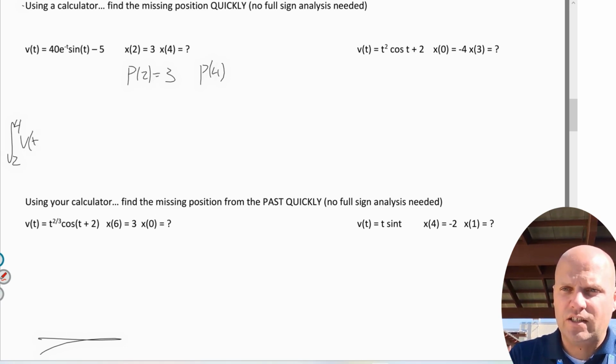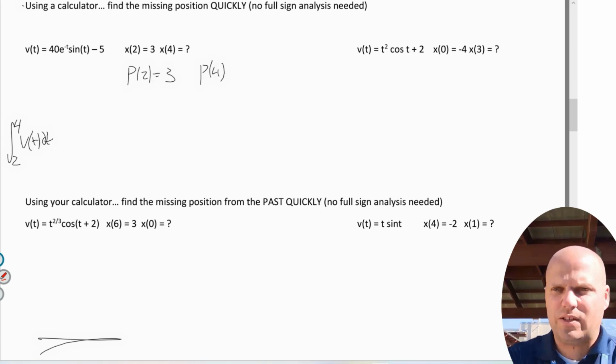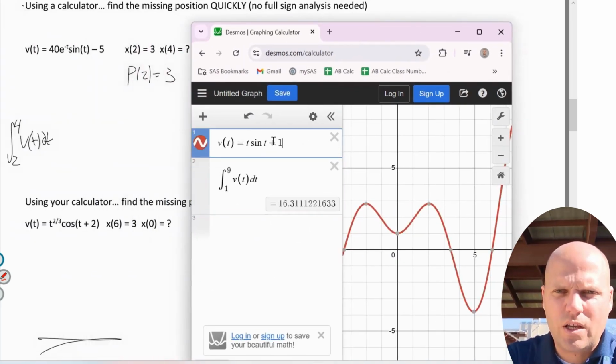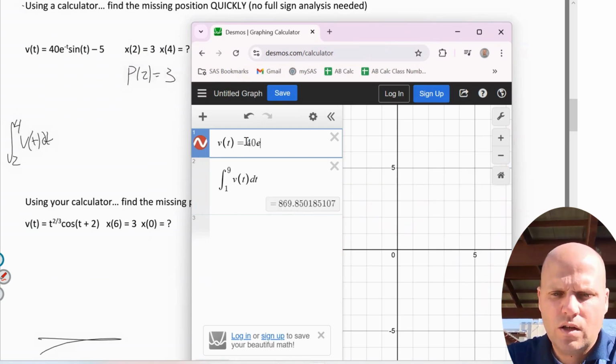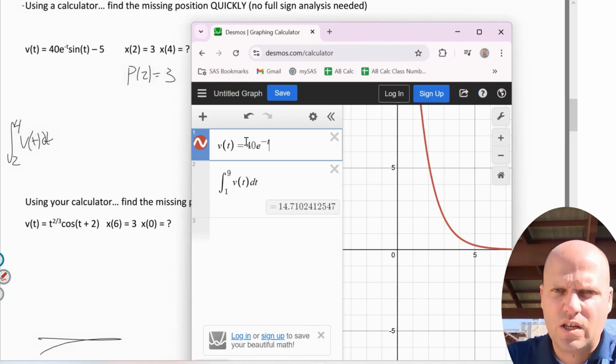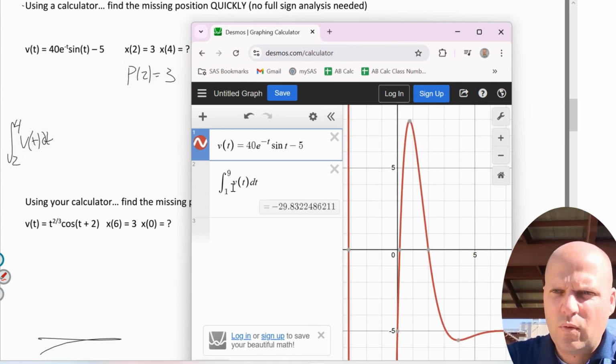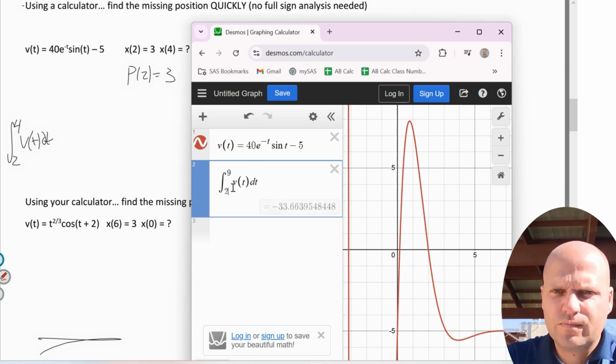And for next year, guys, I've got to make sure we have some negatives to positives. So we got 40 e to the negative t sine t minus 5. We're going from 2 to 4.